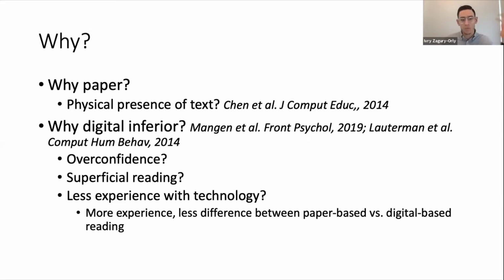So why would paper-based education be superior to digital? It remains very unclear, but it has been described that paper-based education has a certain physical presence to the text, so it may provide more deeper learning just by the fact that you have that physical presence.